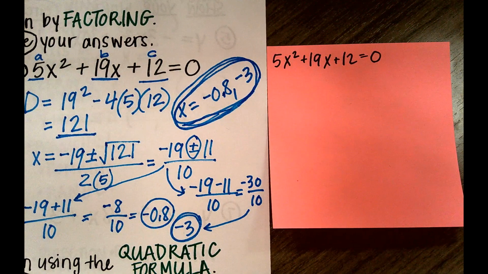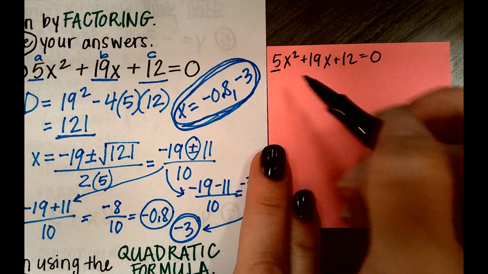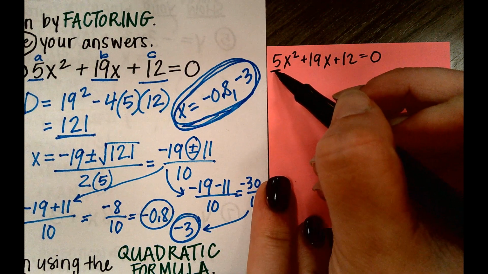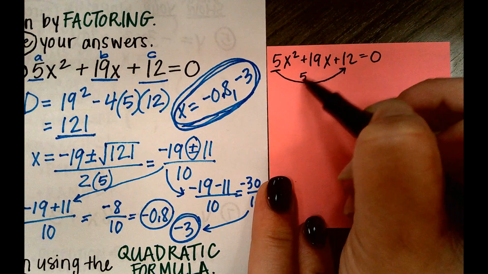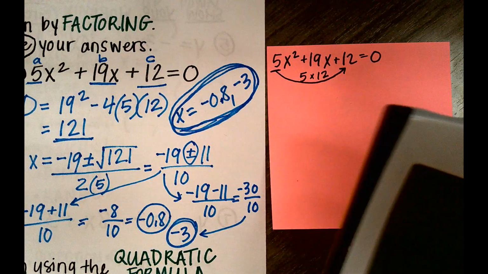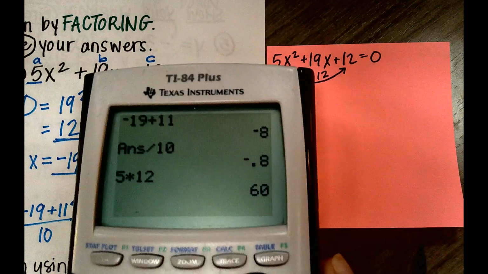It makes it a little harder because now we have another step, and I haven't taught you this. What I'm going to do here is multiply 5 times 12. So 5 times 12 is 60.